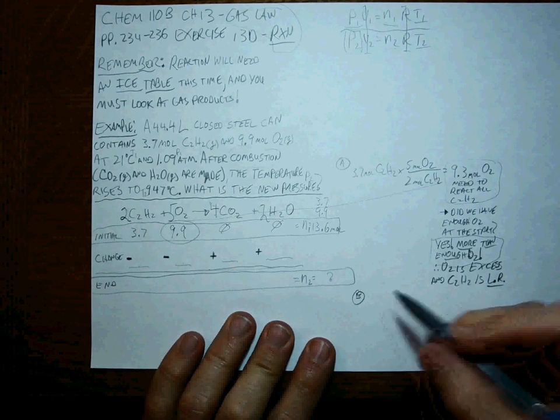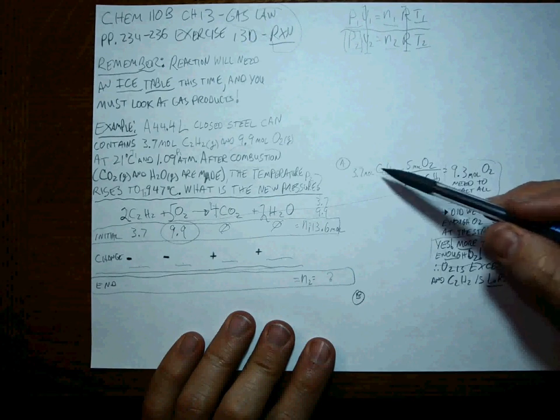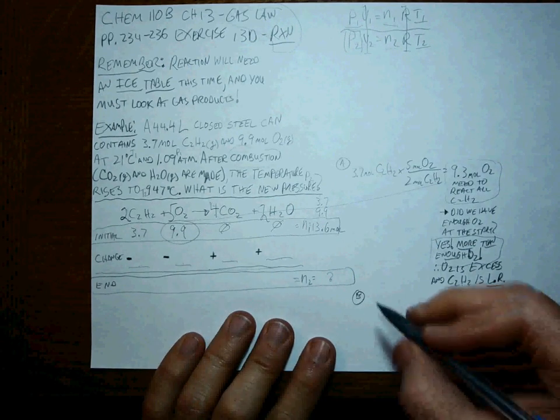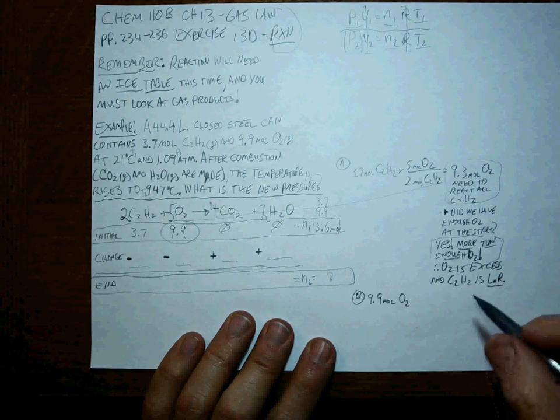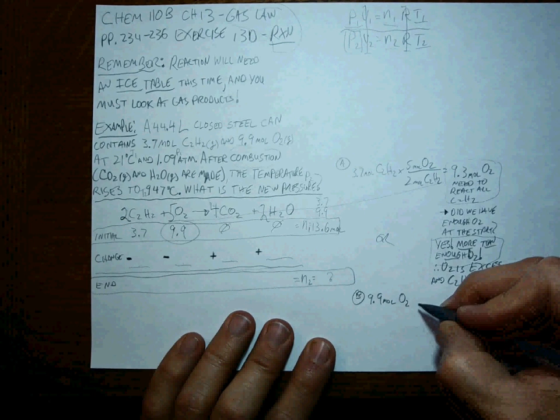Okay, so that's the decision-making process you go through if you decided to look at 3.7 moles of C2H2. What if we had started by looking at 9.9 moles of O2? Well, here's how that decision would go.